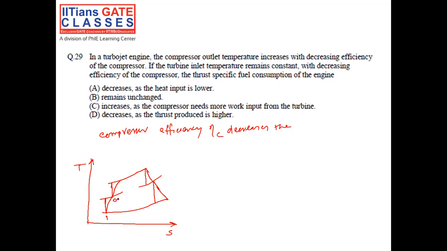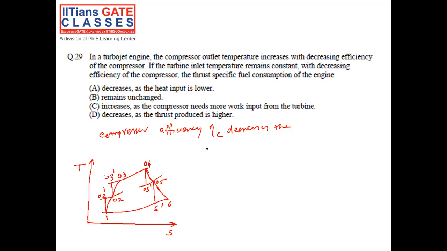This is the exit of the outlet. This is the exit of the compressor. This is the exit of the burner or combustion chamber, and this is the exit of the turbine, and this is the exit of the nozzle. Now this dash denotes the isentropic process. So this part is the compressor and this part is the turbine.